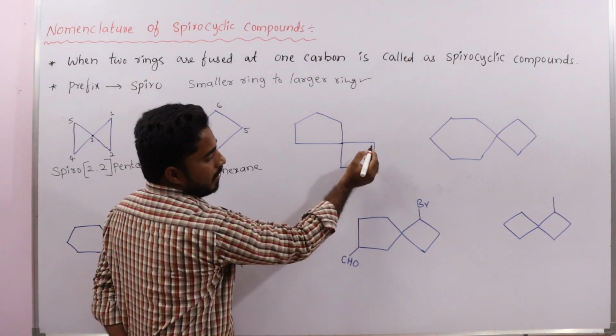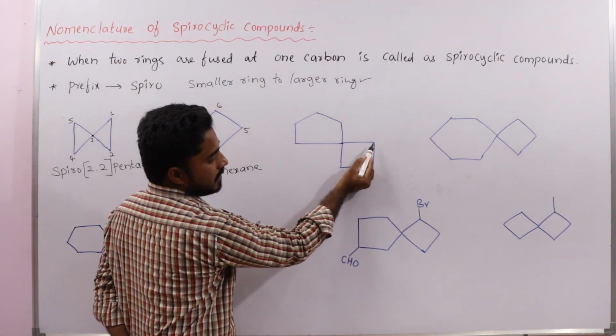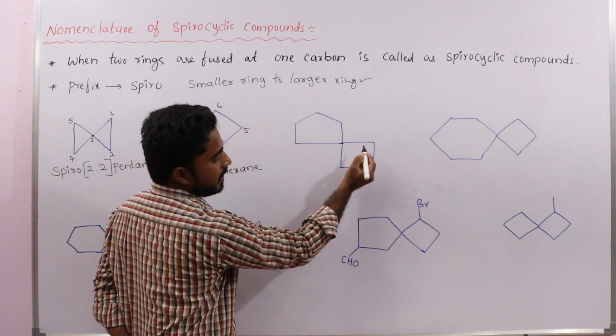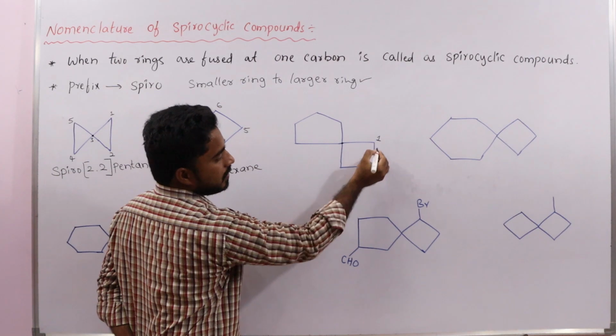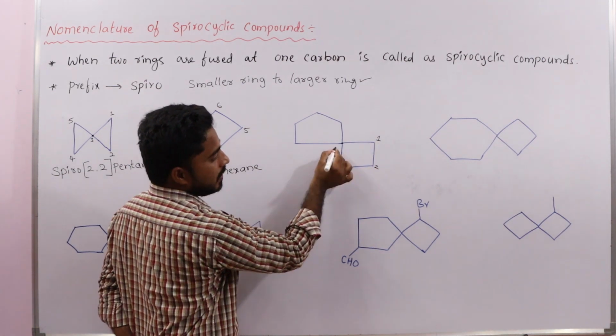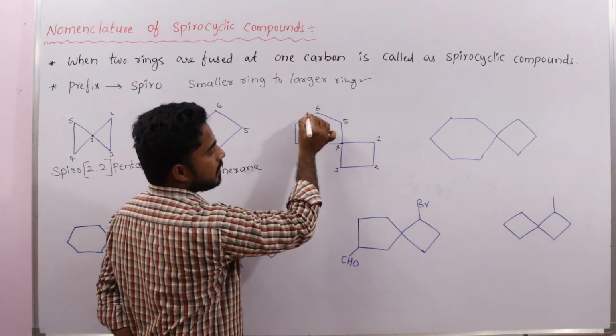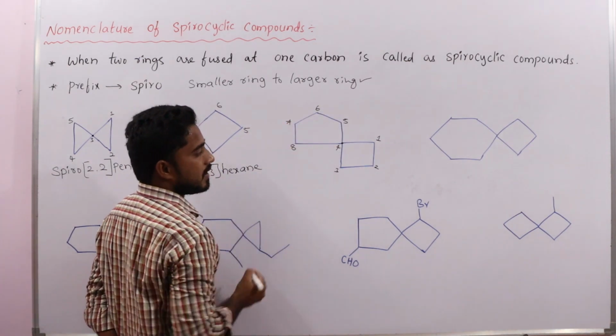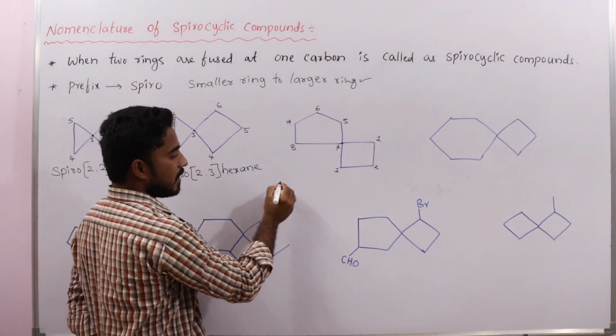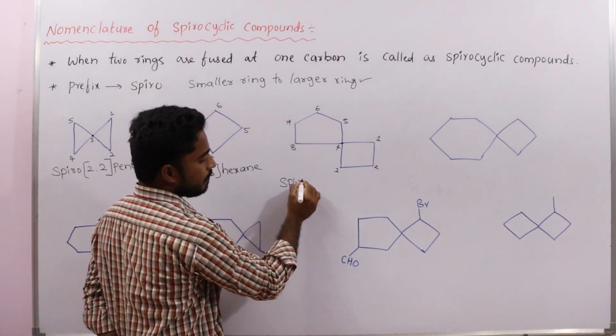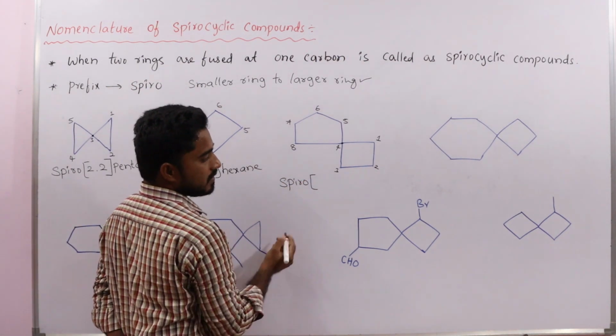Then we have to start numbering from this carbon or this carbon, any of these carbons. Let's say 1, 2, 3, this is 4, 5, and from any of these carbons, 5, 6, 7, 8. Then write the name: spiro in brackets.